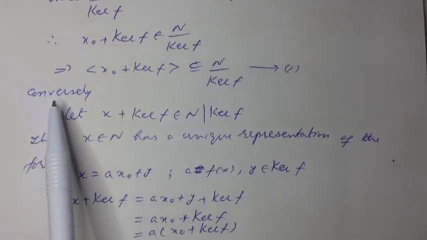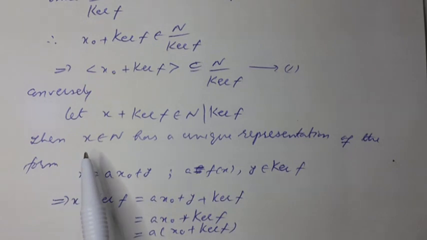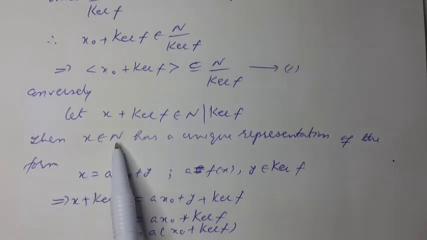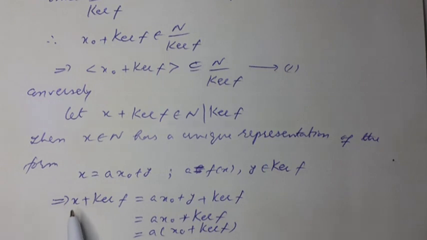Conversely, let x plus kernel f belong to N by kernel f. Then an element x of normed space N has a unique representation of the form x is equal to a x naught plus y, where a is equal to f of x and y belongs to kernel f. It can be written as x plus kernel f equal to a x naught plus y plus kernel f.